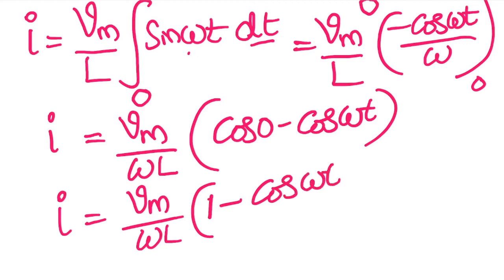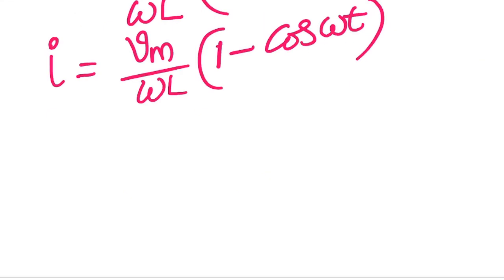Cos 0 is 1, so this is the final equation for an inductive load: I is equal to Vm by omega L into 1 minus cos omega t.